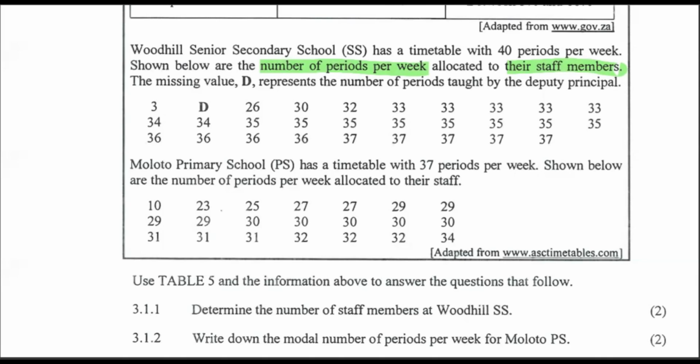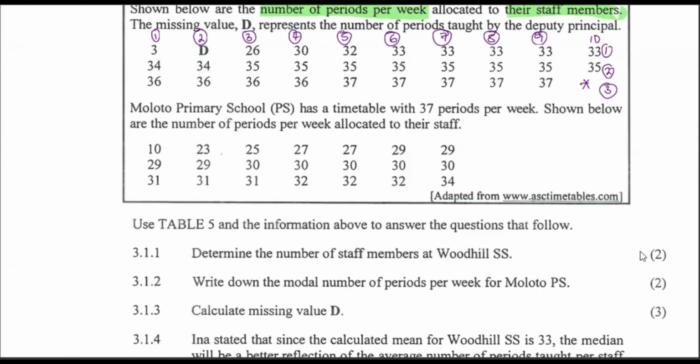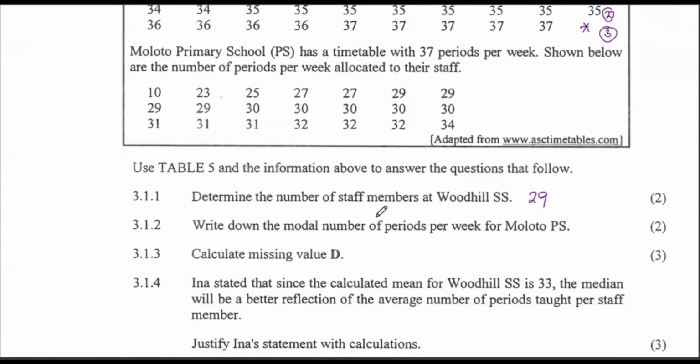So we count them: 1, 2, 3, 4, 5, 6, 7, 8, 9, 10. So 10 by 3, minus 1 because there's no 1 here. So it will be 29.